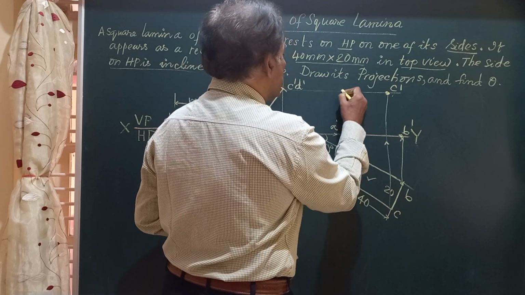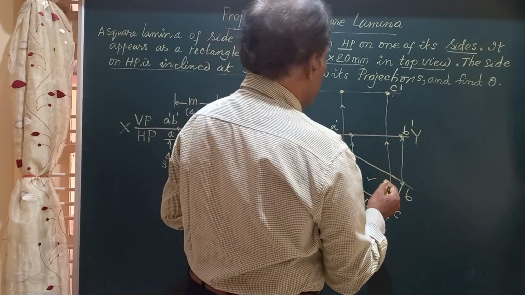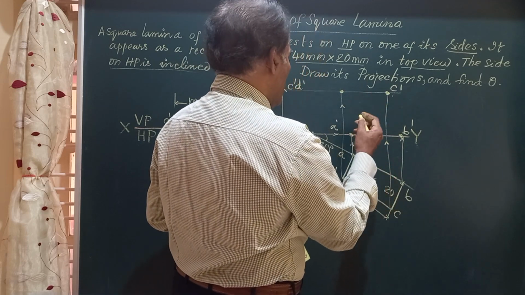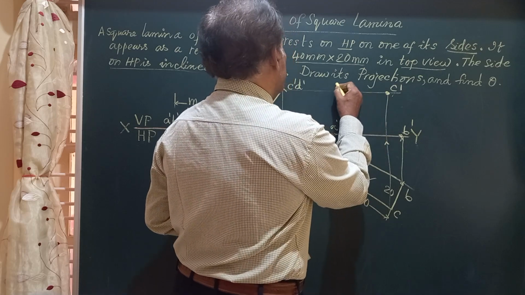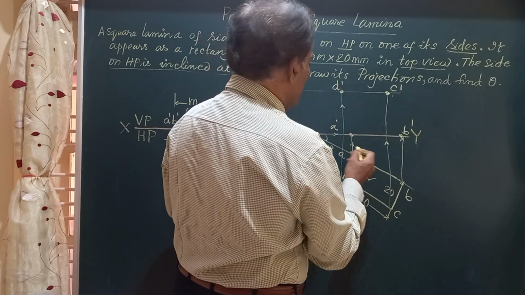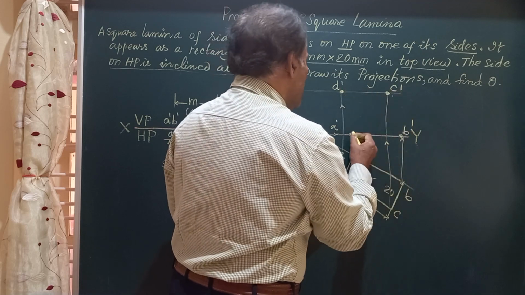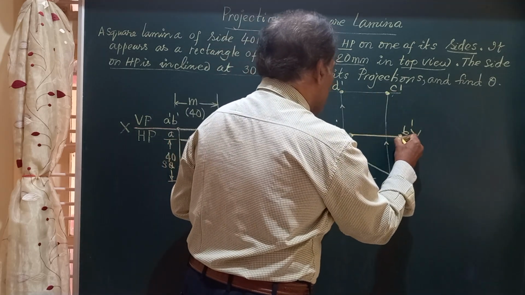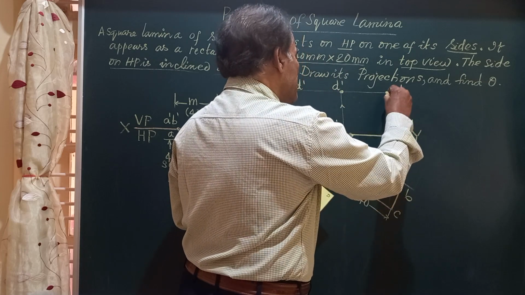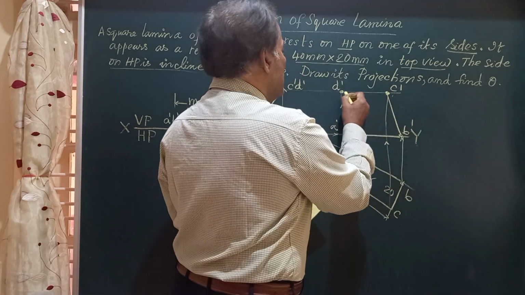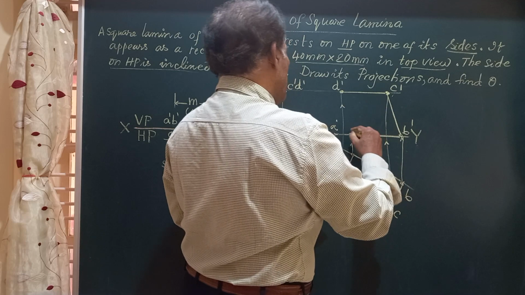The point of intersection is called D dash. So we got all the four corners, A dash, B dash, C dash, D dash. Join all these by straight lines. So join A dash to B dash, B dash to C dash, C dash to D dash, and D dash to A dash.